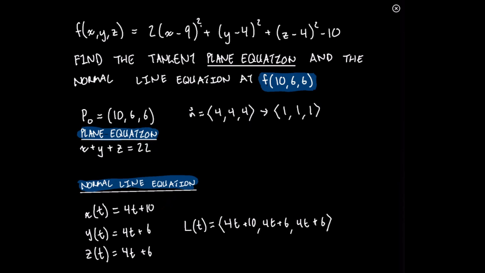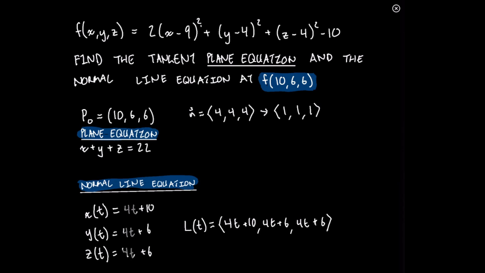What you'll find out is that when we were doing the plane equation, we ended up dividing out by 4, if you go back and look at it, which would have been the exact same thing as when we just divided by 4 before we even got started. Now, for the normal line equation, if we use this normal, then all of these 4's just drop out.